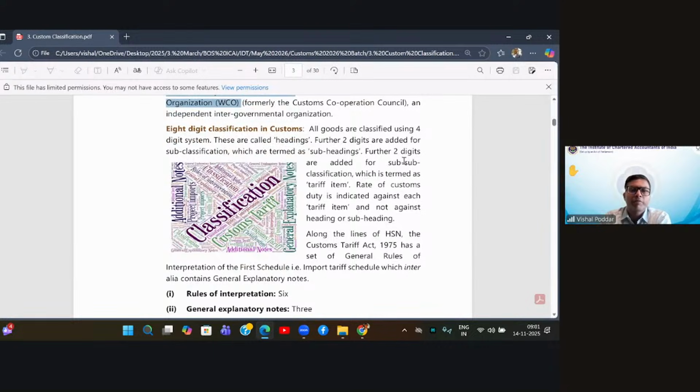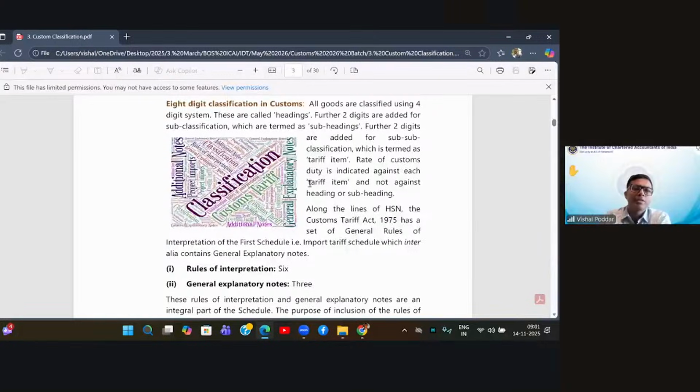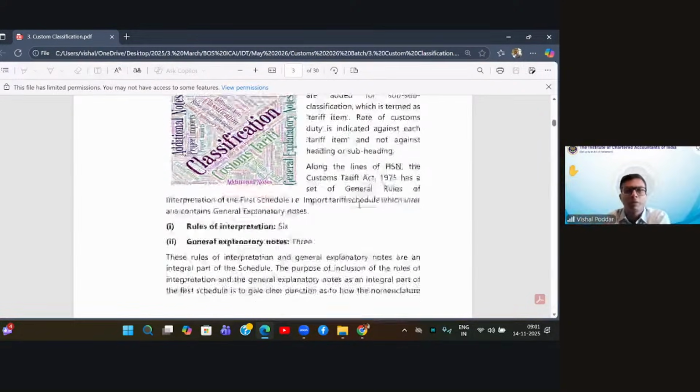Further 2 digits are added for sub-classification, which is termed a tariff item. The rate of customs duty is indicated against each tariff item and not against each heading. So obviously against the name of each good, the rate of duty is given. Headings and subheadings are only headers to give you an idea of what will be covered in this list. But mainly the list which gives the names of the goods, against that you are given the rates.